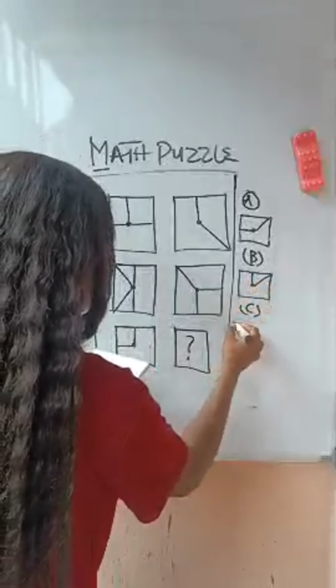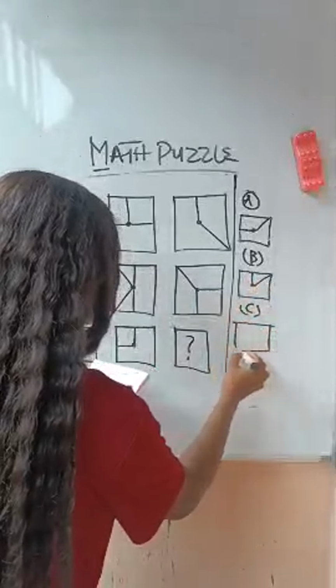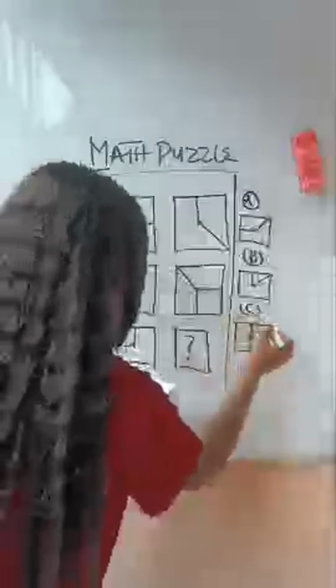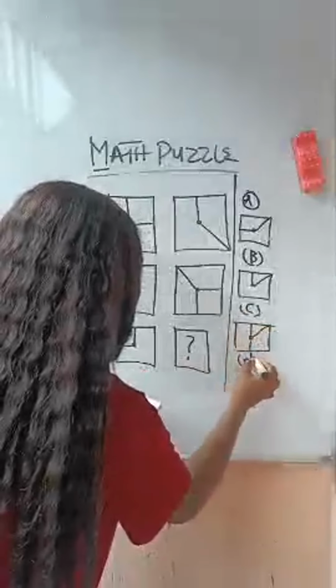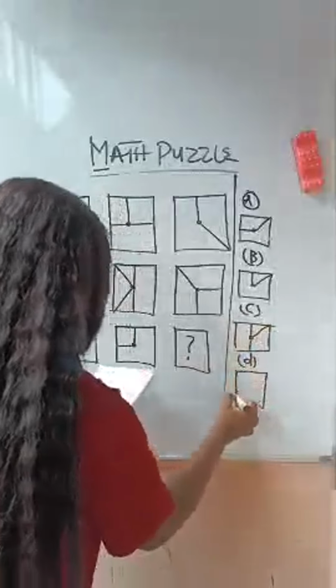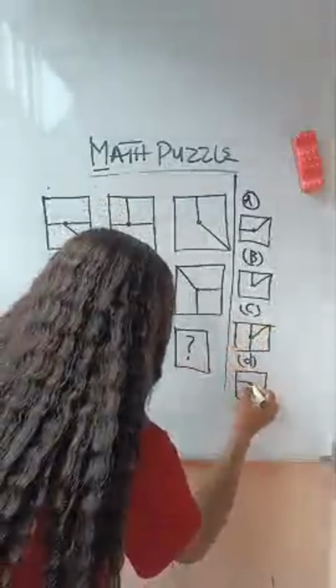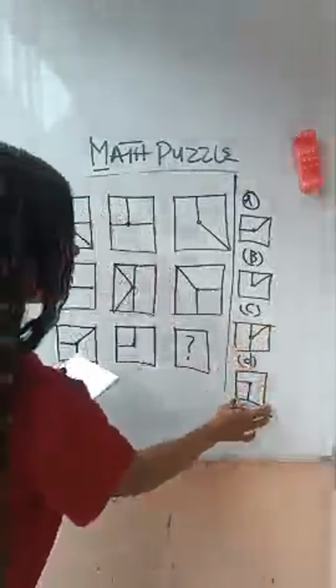Option C, we have this. And option D, we have this. Okay, so this is pattern recognition.